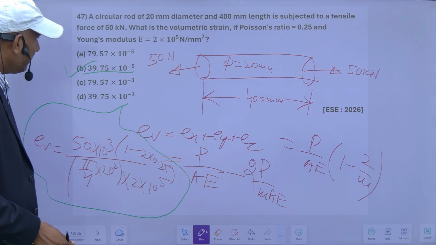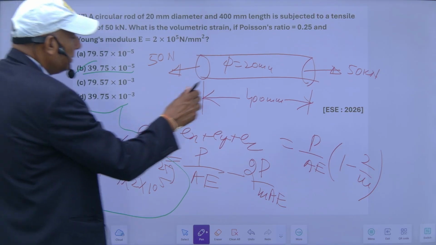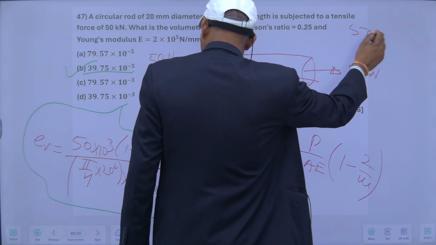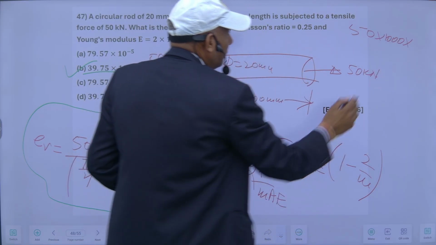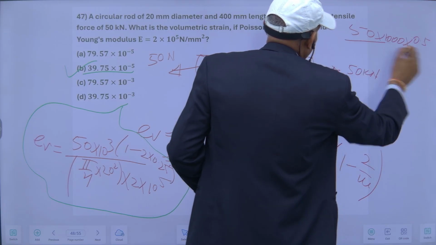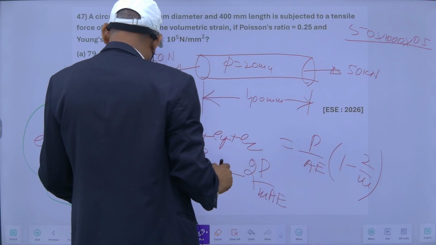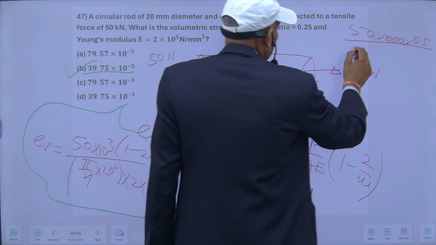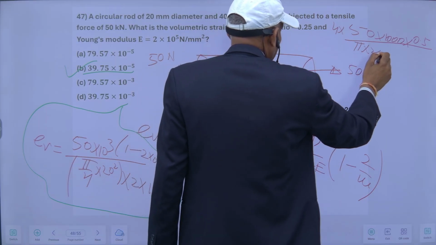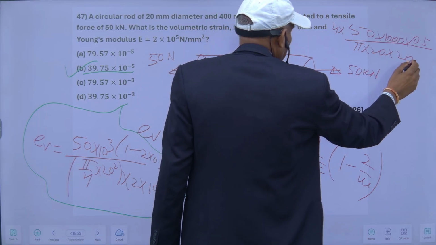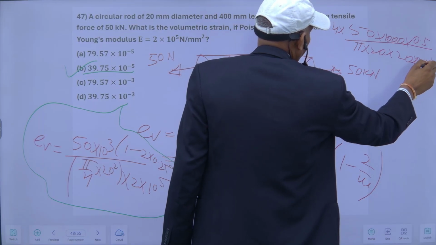Suppose like this one, this will be 50 into 0.5 divided by pi by 4 into dia square into 2 into 10 raised to the power 5.